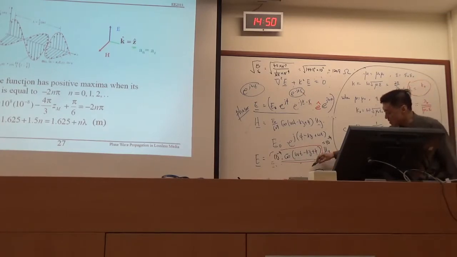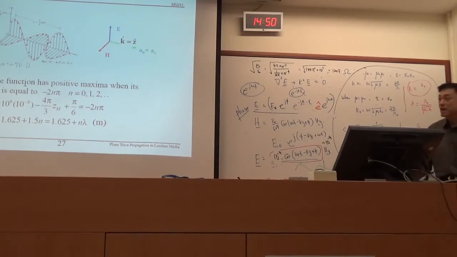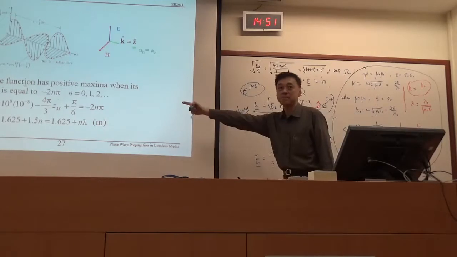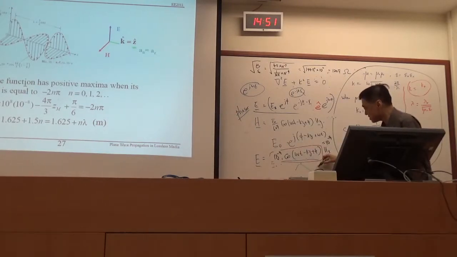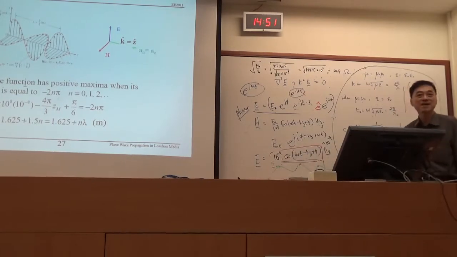Now when the wave propagates it is like this, time t equal to 0. So if you put positive 2n pi there, your solutions are here at the negative side.